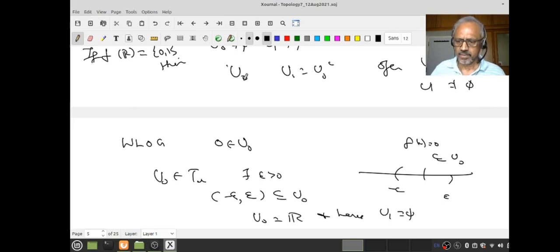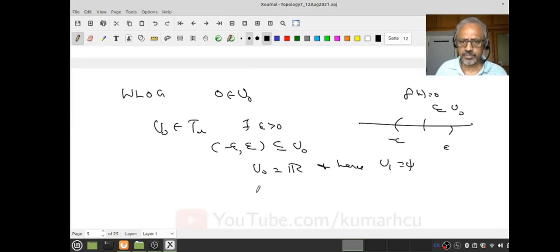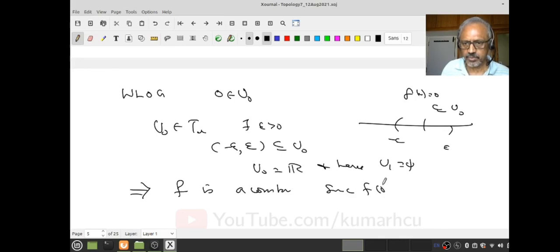Please pause, review, proceed. So this would imply f is a constant, and since f of 0 is 0, then f is identically 0. If it is 1, it will be 1.